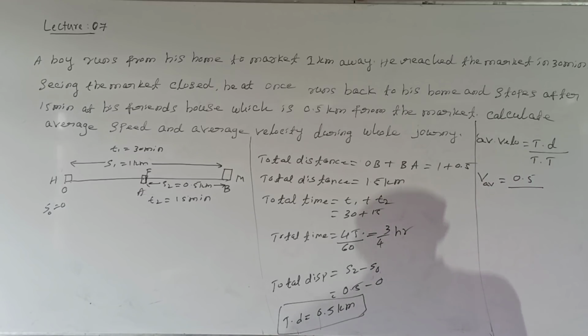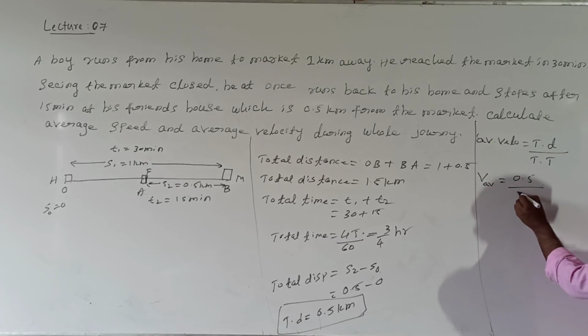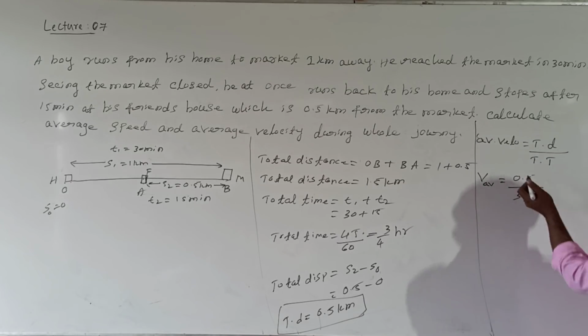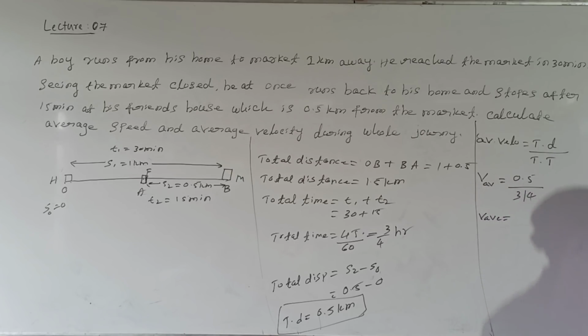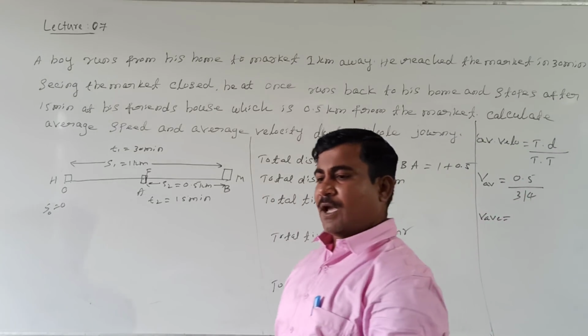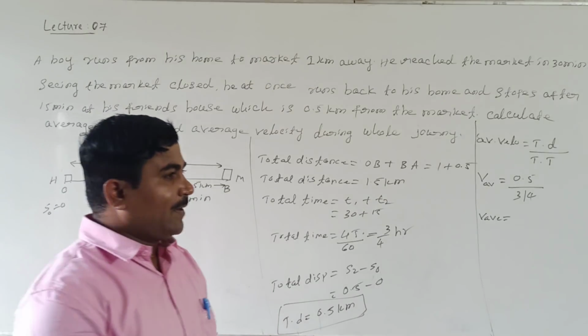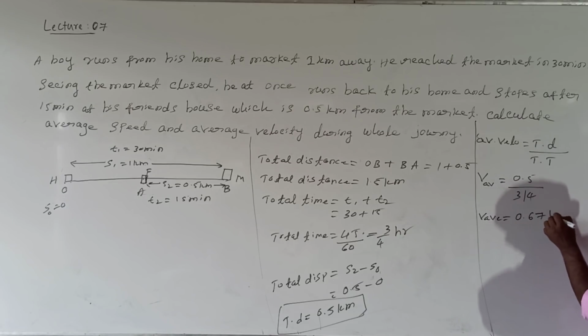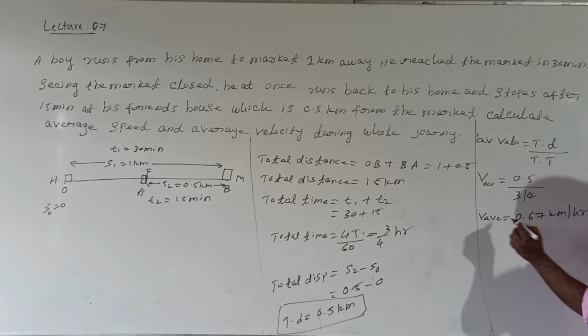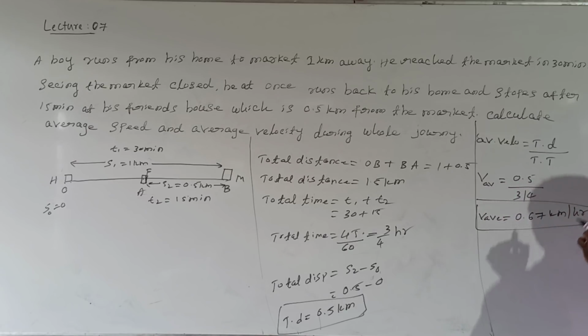What is total time? 3 by 4 hour. 4 goes upside. So V average is equal to 0.5 divided by 3 by 4. 0.5 means 1 by 2. Calculate this value. The average velocity will be 0.67 kilometer per hour.